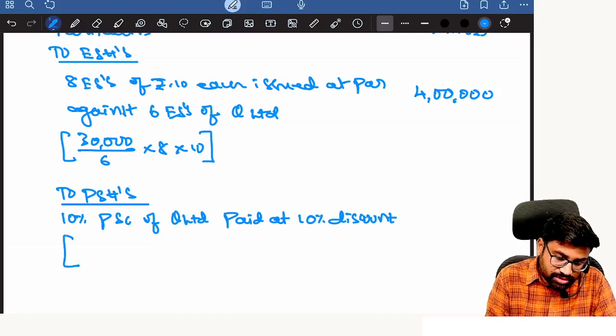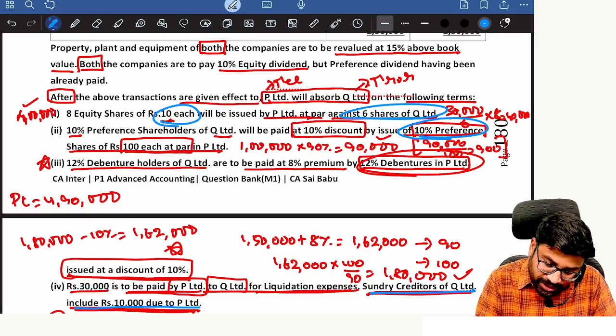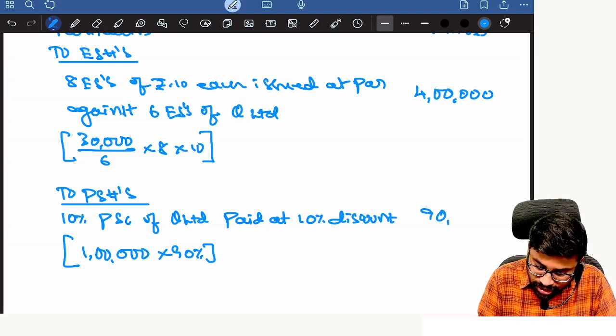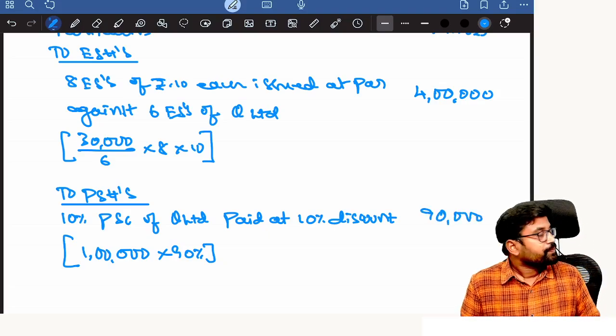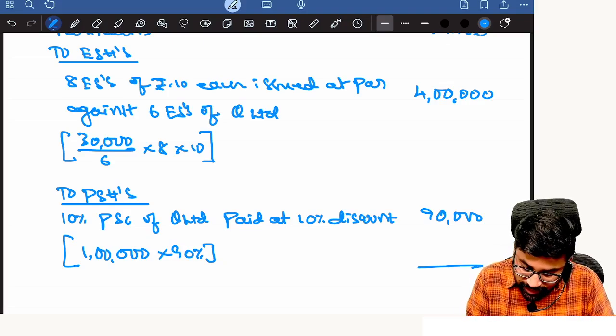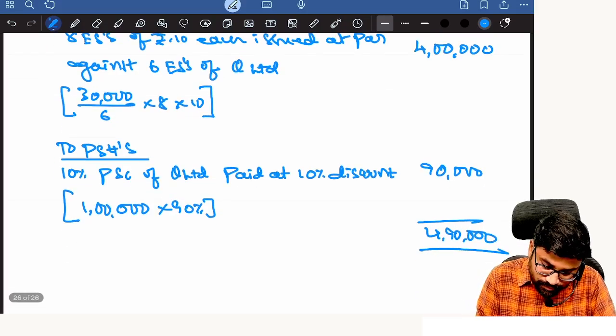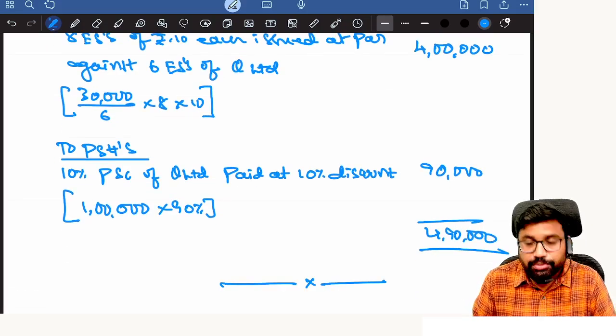That means what is the total capital? 1 lakh into 90%. How much? 90,000. So total it will be 4 lakhs 90,000. So this is question number 9.